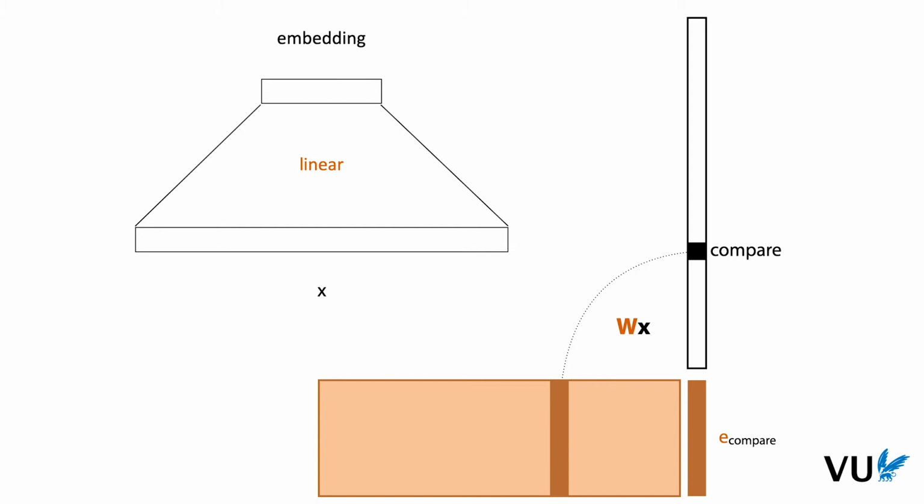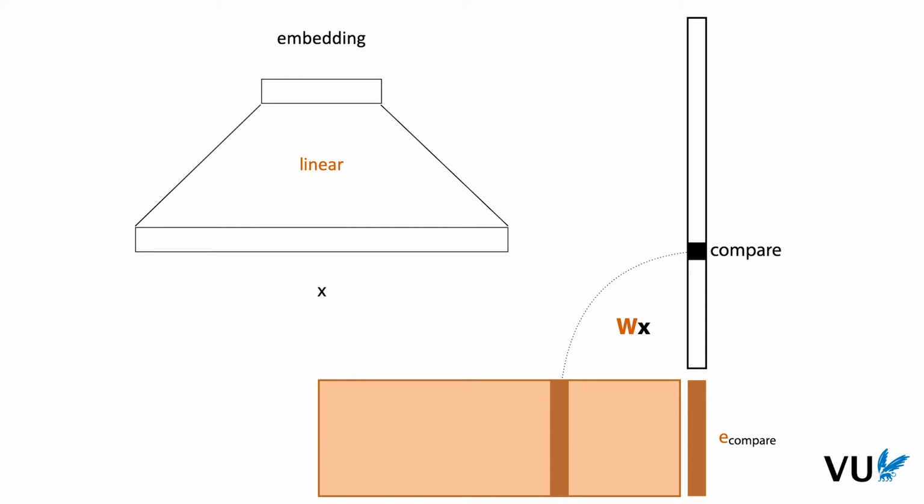And this is a very clear instance of the principle that I discussed in the first video, which is that if you feed a one-hot vector to a neural network, you are usually implicitly training an embedding layer. So here the first thing that happens to our one-hot vector for the word compare is that it's multiplied by a weight matrix. And when we multiply a one-hot vector by a weight matrix, we are essentially just selecting one of its columns. So that column is in essence the embedding vector that we get for the word compare.